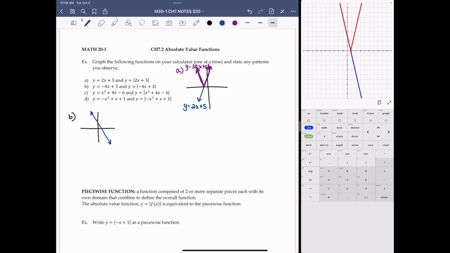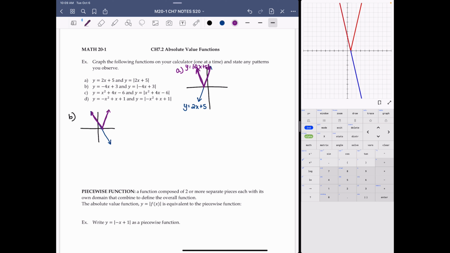So the portion that's above the x-axis, our absolute value function mimics that portion, so it lays on top of that portion. And then we have this other part, this V shape. Where do you think that other part is coming from?